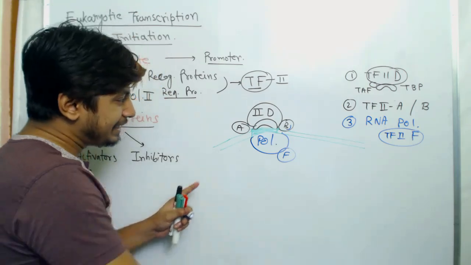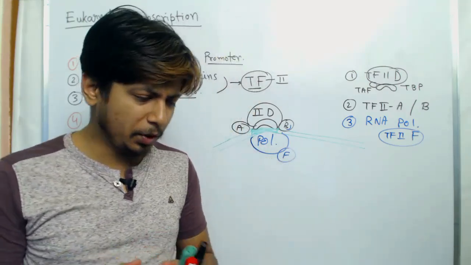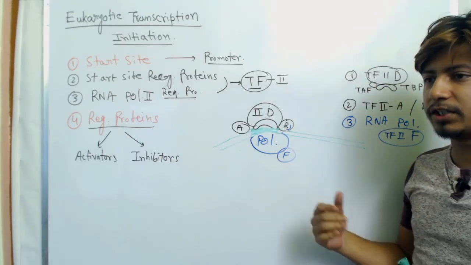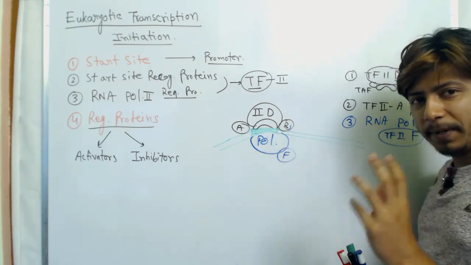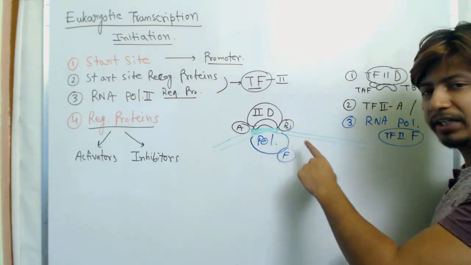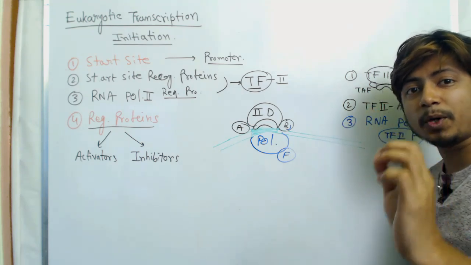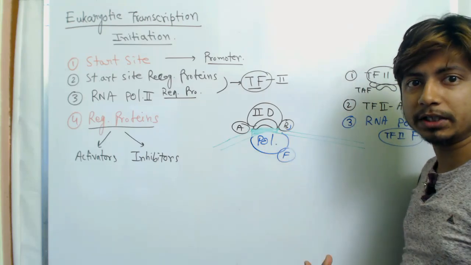Now what happens? This state is known as the pre-initiation complex. Why is it called pre-initiation complex? Because if you look at this structure, at this particular stage, polymerase is in place at the start site, so it can initiate the transcription, but it will wait for the proper signal, because this is a point of transcriptional regulation.